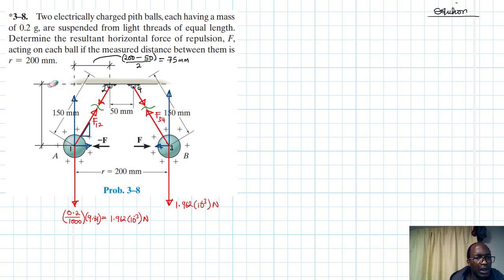Let's find that height. You can use Pythagoras. So we have 150 squared minus 75 squared, square root, will give us that value, right? Remember, we are looking at a triangle like this.